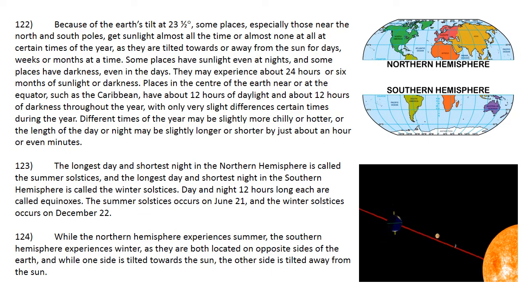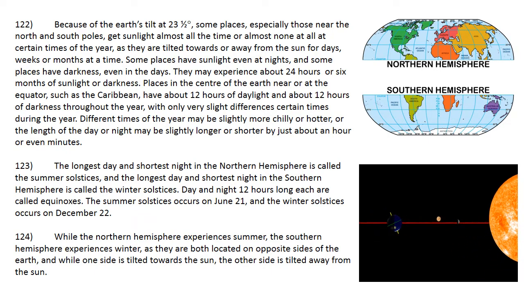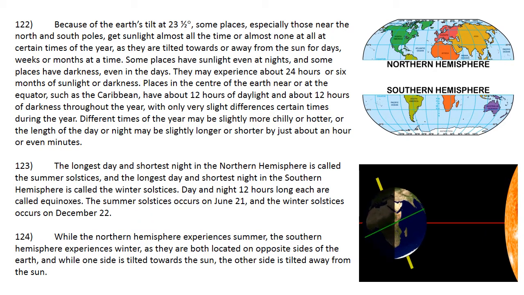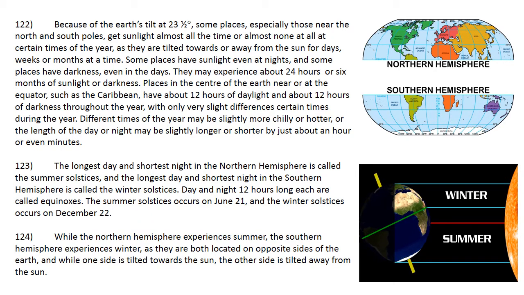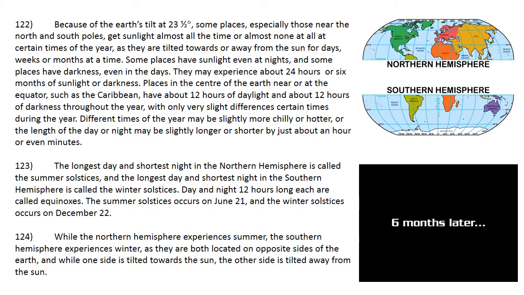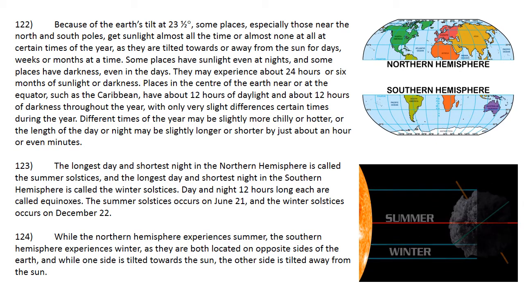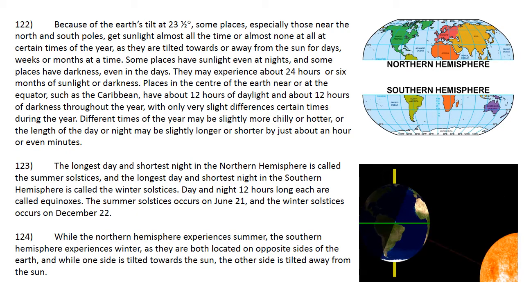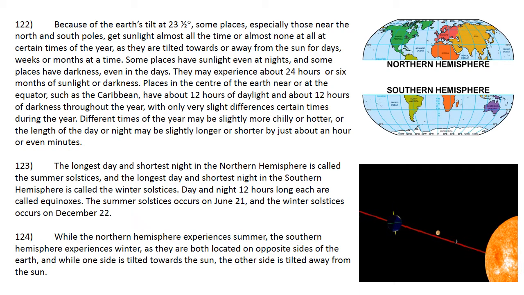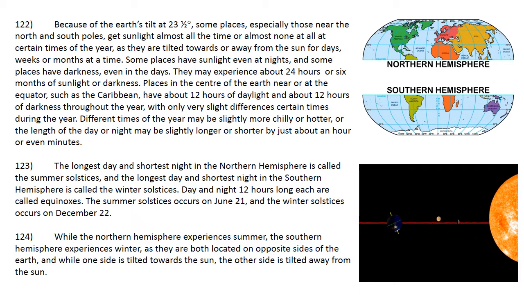Because of the Earth's tilt at 23.5 degrees, some places, especially those near the North and South poles, get sunlight almost all the time or almost none at all at certain times of the year, as they are tilted towards or away from the sun for days, weeks, or months at a time.